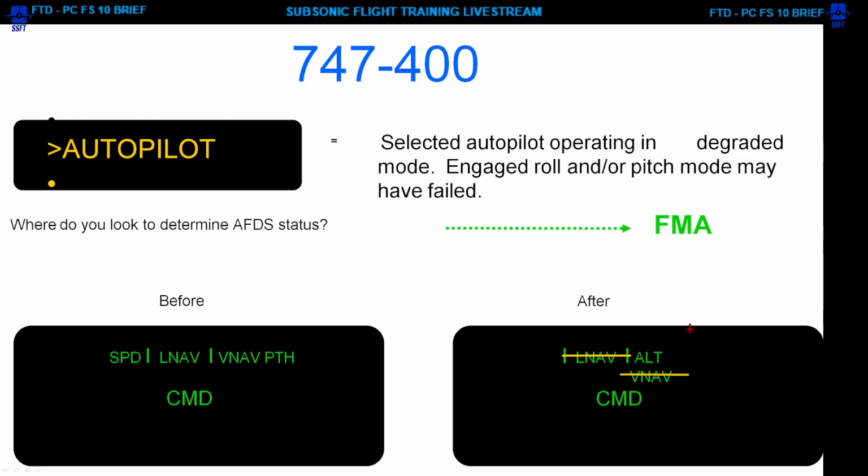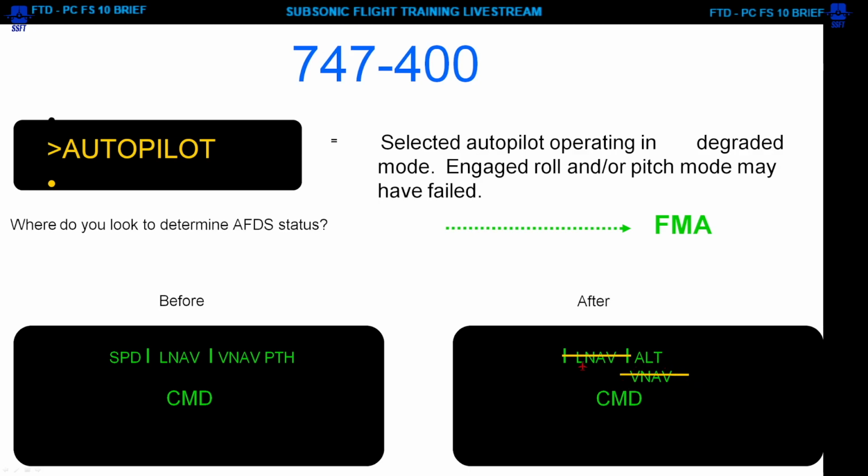Now, depending on whether you're in a climb, if let's say we're in VNAV speed here instead of VNAV path, you would probably get an amber line in VNAV, and VNAV speed would change to just VNAV, and you'd have an amber line, and this would be up here. But if you happen to be at your cruise altitude like we are now in VNAV path, what would happen is it would probably just come out of VNAV path and it would capture your cruise altitude, because you're at, let's say, flight level 250, and it'll just capture that altitude and go to alt.